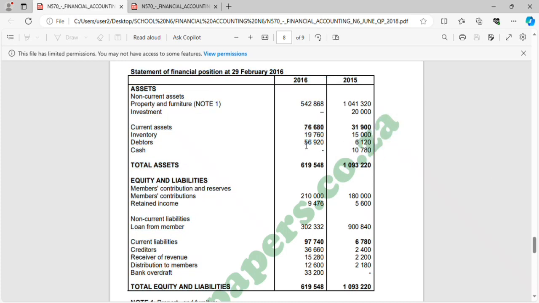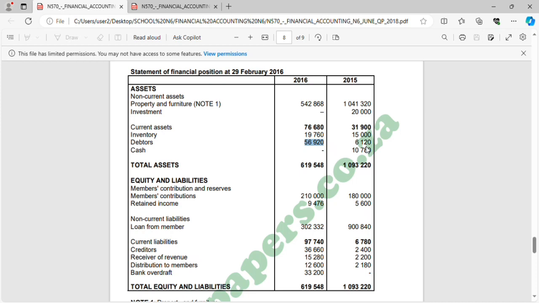So let me try to highlight so that you can all see the amounts that I'm talking about. Here is the amount for the current year, and this is the amount for the previous year. The amount for the current year is 56,920, whereas the previous amount was 6,120.